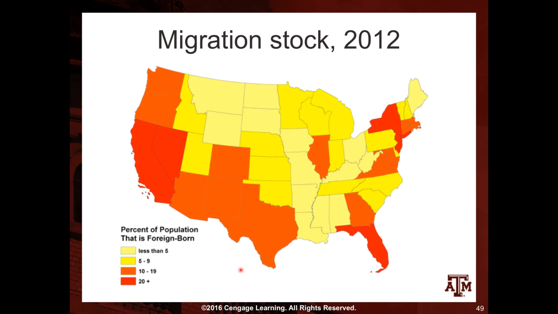So you see California, Nevada, and Florida, for example, having at least 20% of their population foreign-born, and you see that in this case we are talking about a stock at a specific time. What's the percentage, or the amount, could be in absolute terms as well, of people born in other countries that are living in these specific states.